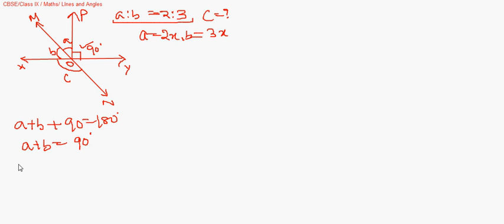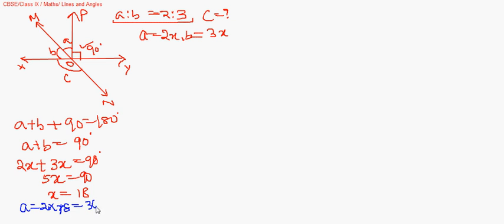In that sense, 2x plus 3x is equal to 90. So 5x is equal to 90. So x is 90 by 5, that's 18. If x is 18, A will be 2 into 18, that's 36 degrees. B will be 3 into 18, 54.